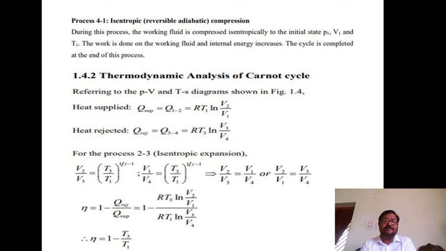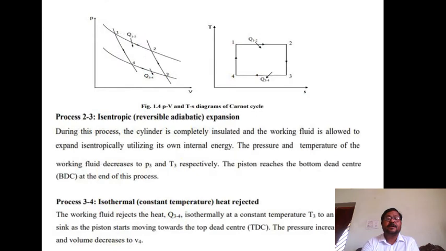So 1 to 2 is isothermal heat addition, 2 to 3 is the expansion process, 3 to 4 is isothermal heat rejection, and 4 to 1 is the reversible adiabatic compression process.